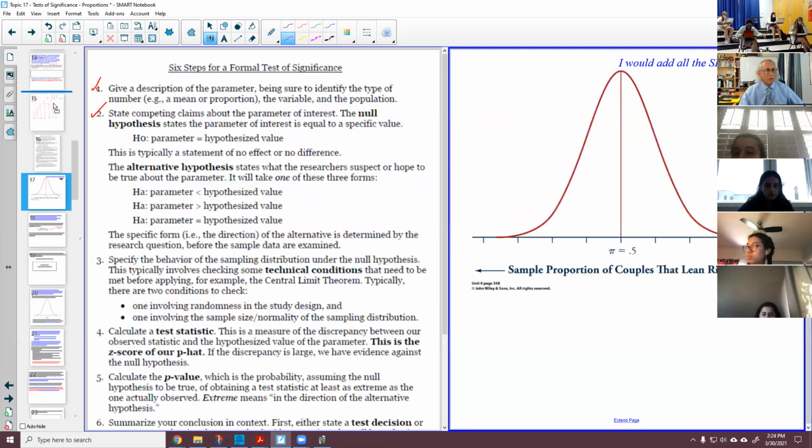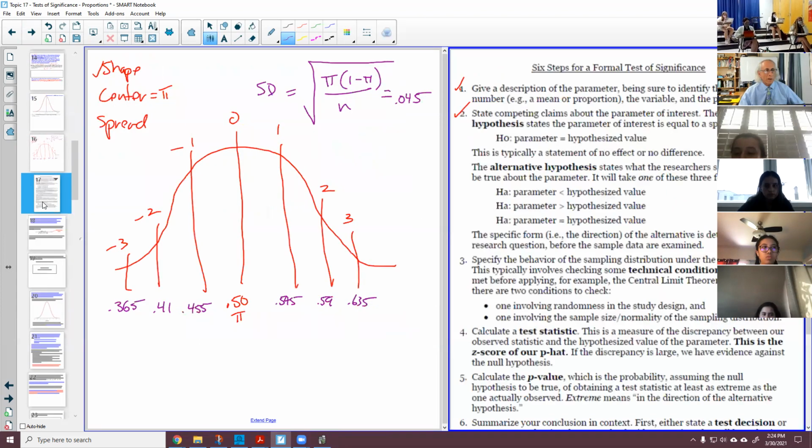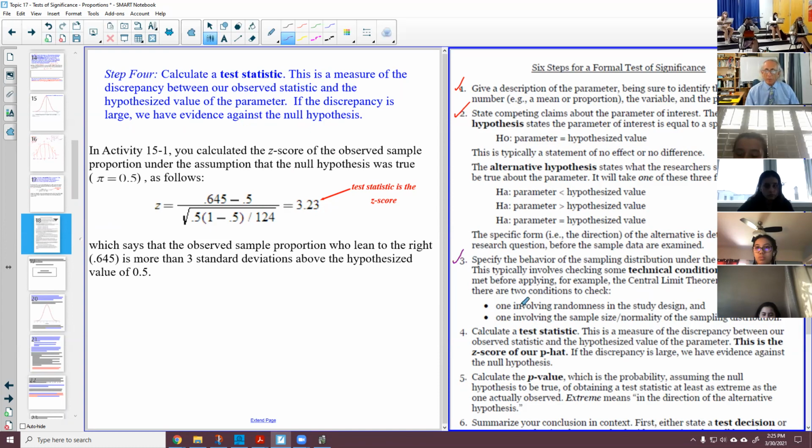Let's move this down to here. Okay, so I did step 3. You can see step 3 says randomness, and then the sample size, normality of the sampling distribution. That's our n pi greater than or equal to 10.